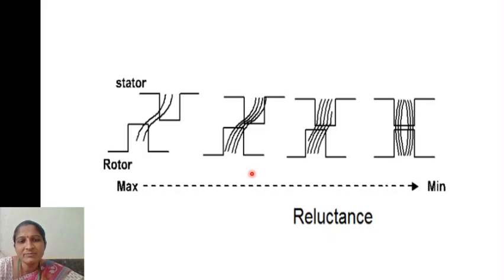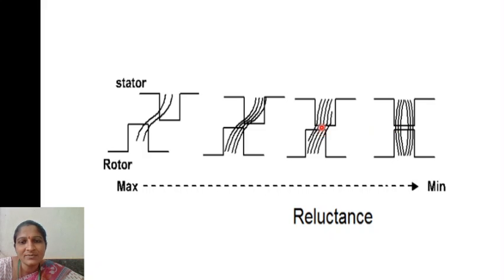So what is the minimum reluctance position? Suppose you can observe the upper one is the stator pole and the lower one is the rotor pole. If the stator pole and the rotor pole are aligned with each other, then all the flux lines will flow from the stator to the rotor. That means the air gap is less here, and as the air gap is less, the reluctance is also less.